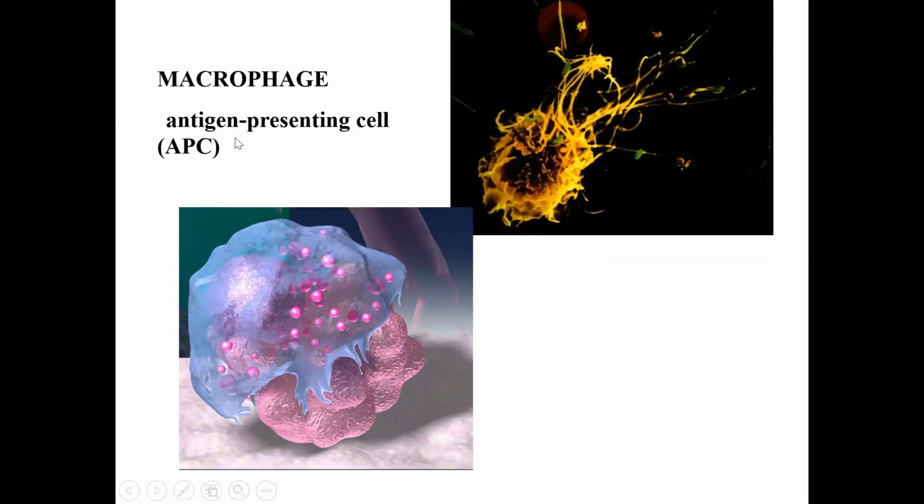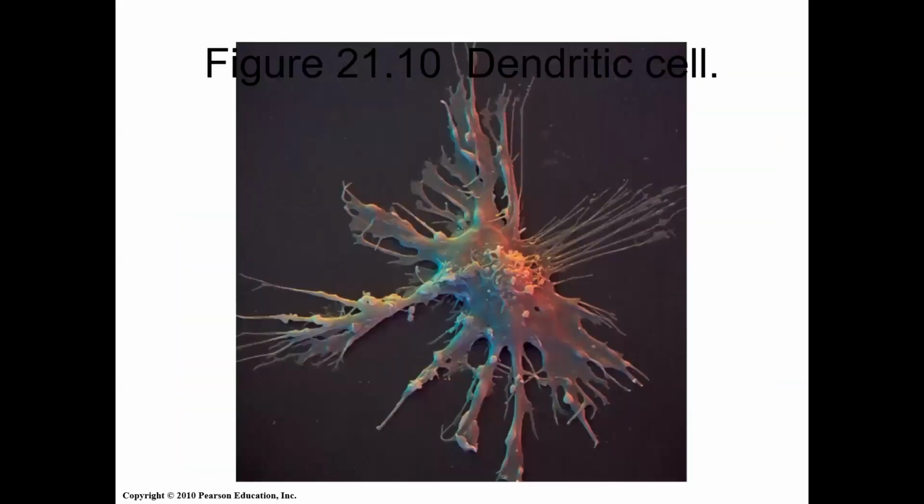These cells have the ability to present the foreign antigens on their surface, which is why they are called antigen presenting cells. Macrophages, dendritic cells, and B cells are the best APCs. This one is showing you the dendritic cell.